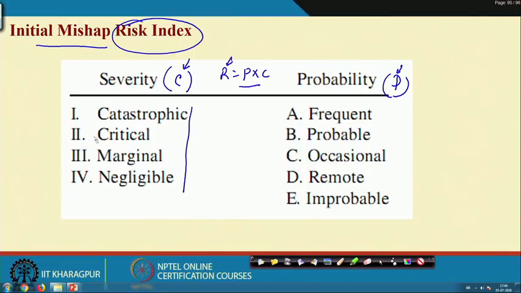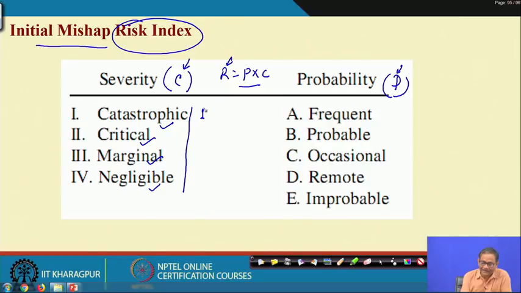Severity can have 4 different categories: catastrophic, critical, marginal, negligible. For example, if there is a fatality, suppose one or more fatality, that may be catastrophic. Or sometimes people say it is catastrophic if more than one fatality is there, but okay, fatality is a big issue.